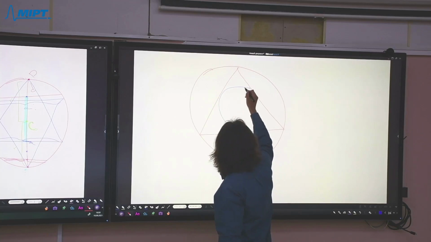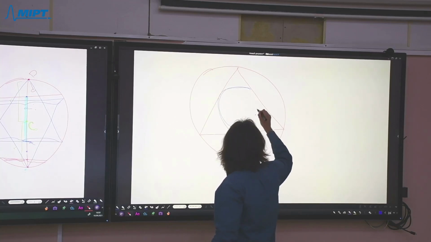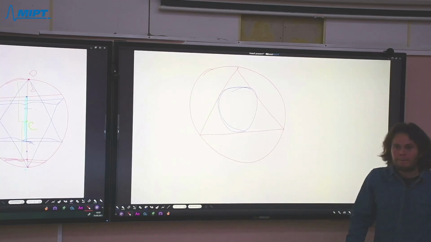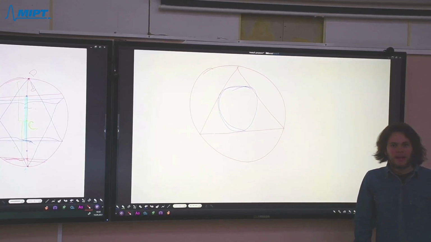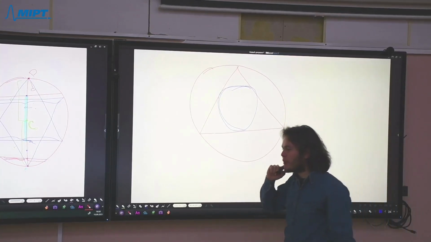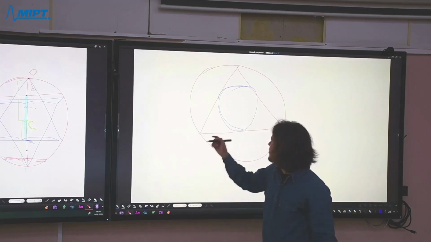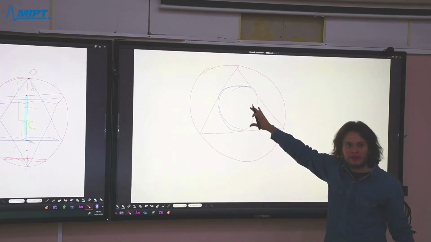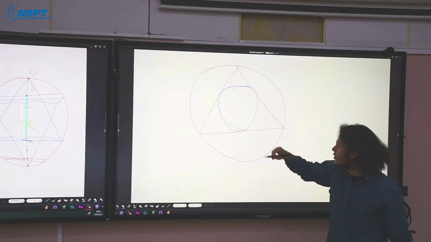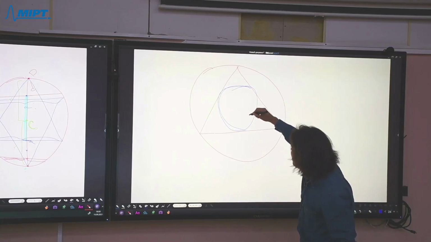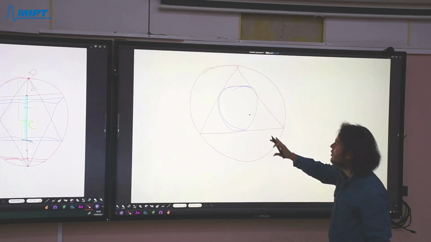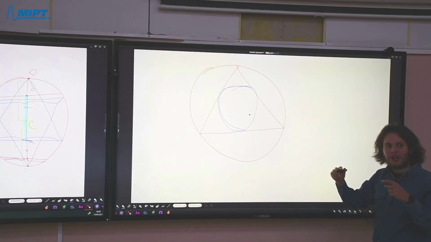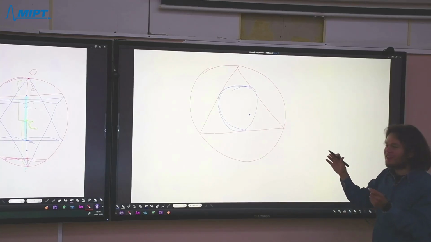We pick randomly a point inside the circle itself. If this point is inside this blue circle, then the length of the chord is going to be greater than A.